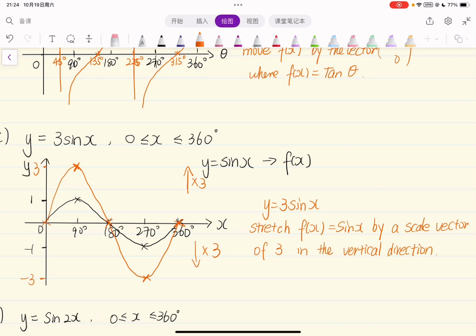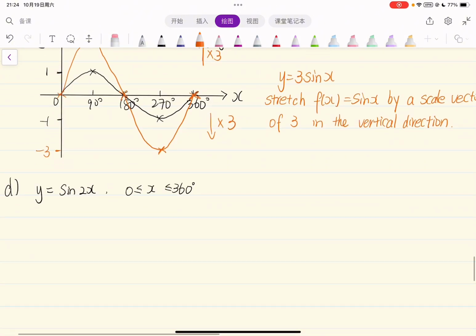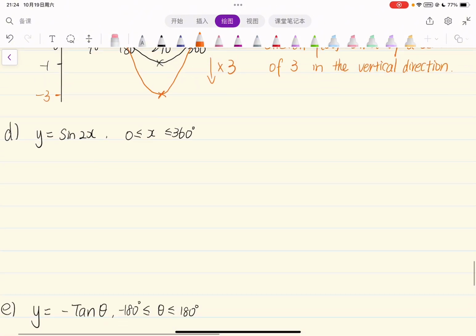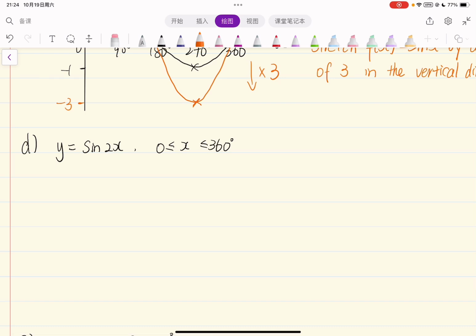Now let's move on to see part D question. You have y equals sine 2x. Now let us see, y equals sine x, that is f(x).